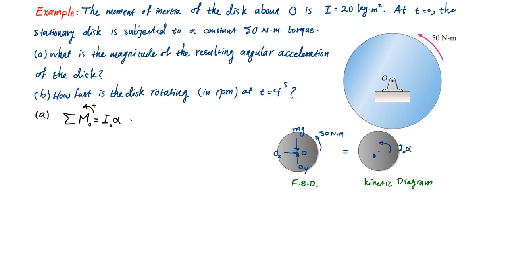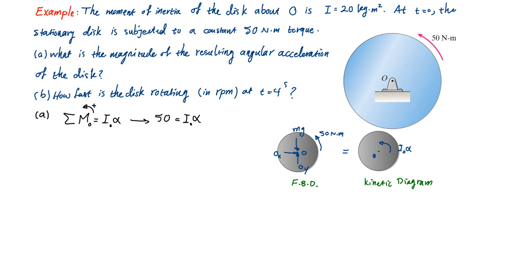From the free body diagram, if you find the moments about point O, OX, OY, and weight are gone because all of them are passing through point O. So there is no moment caused by these forces. The only thing left is the torque applied, which I put directly here because it's a moment. 50 is equal to, on the right side, IO alpha.